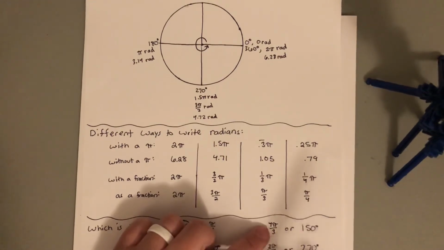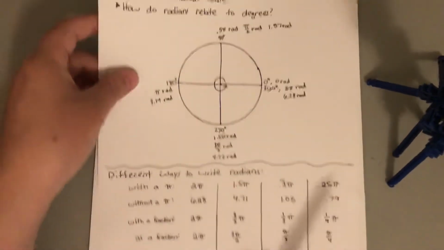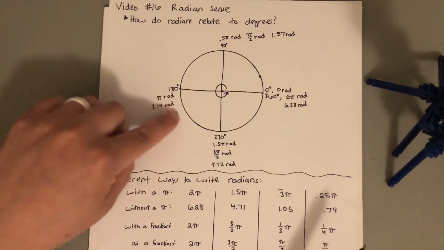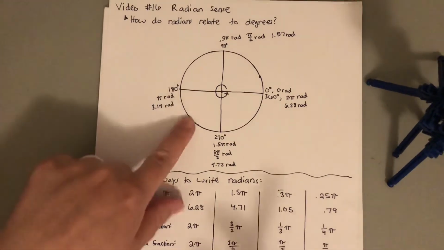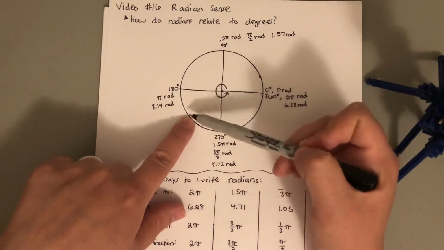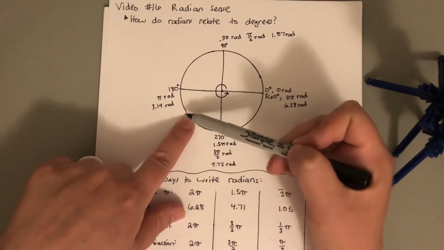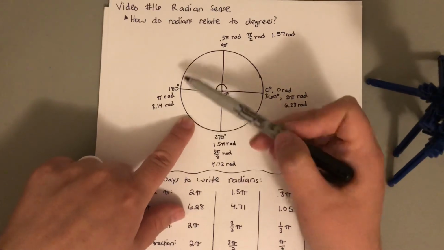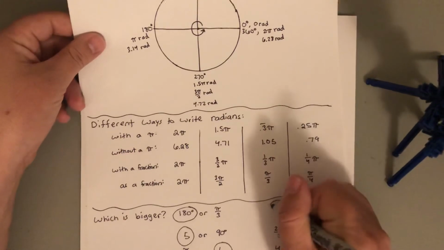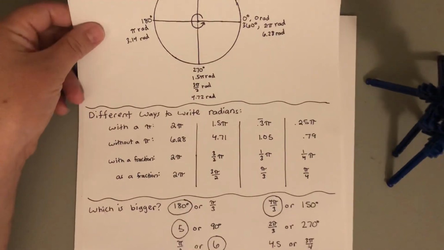So this is more than 1 pi. 3/3 would be 1 pi. We have 4/3. So bigger than pi is going to be somewhere down here. So if we have 150 degrees versus more than 1 pi, more than 1 pi is going to be bigger than 150 degrees. So we'll circle that one.